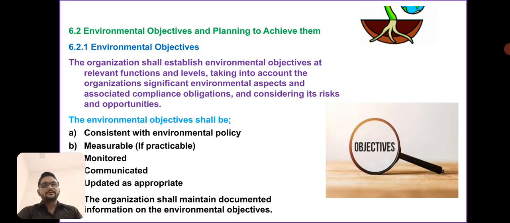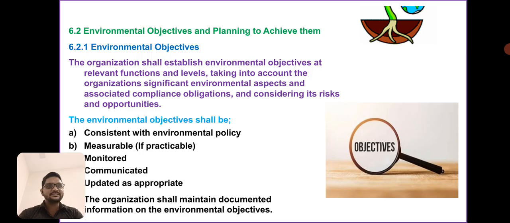Now, the next clause is 6.2, that is environmental objectives and planning to achieve them. The subclause is 6.2.1, that is environmental objectives. What are the objectives? They are the objectives or KPIs related to the environmental management system.